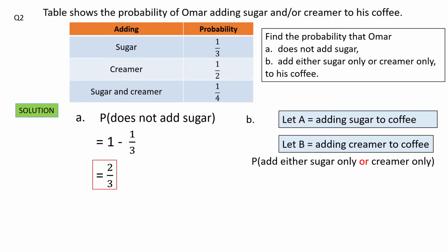Remember you have the word or, so we are going to use this formula again. Probability A union B. Remember the word or can also be replaced using the symbol union.